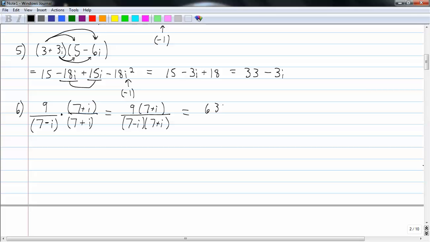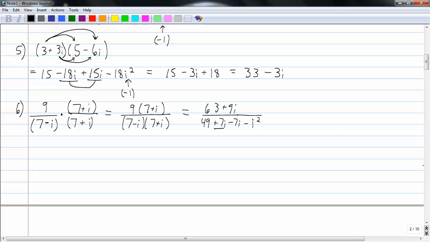You get 63 plus 9i. Now let's multiply out the denominator. Alright, so you have 7 times 7, that's 49. 7 times i, that's plus 7i. Negative i times 7, that's minus 7i. And then negative i times positive i, that's negative i squared.